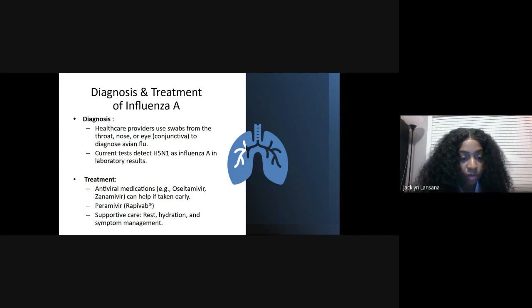Peramivir is more so given by injection. And of course, supportive care such as rest, hydration, and symptom management can also help with treatment of bird flu. Next slide, please.